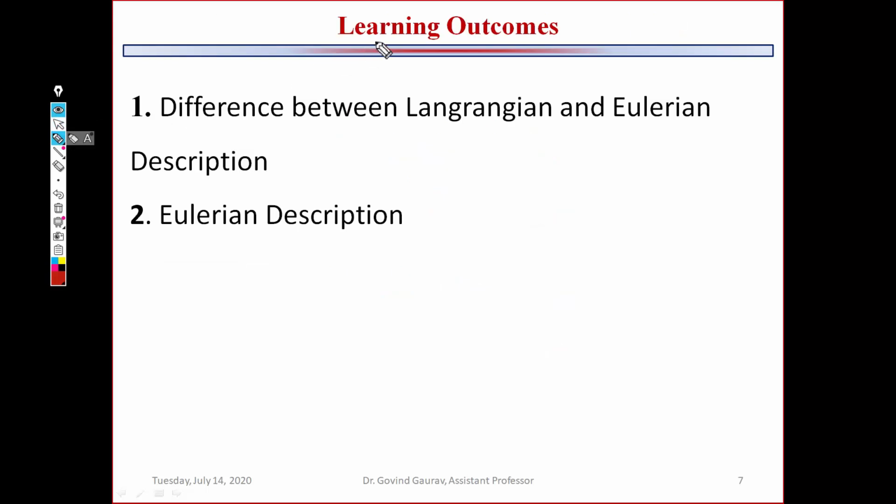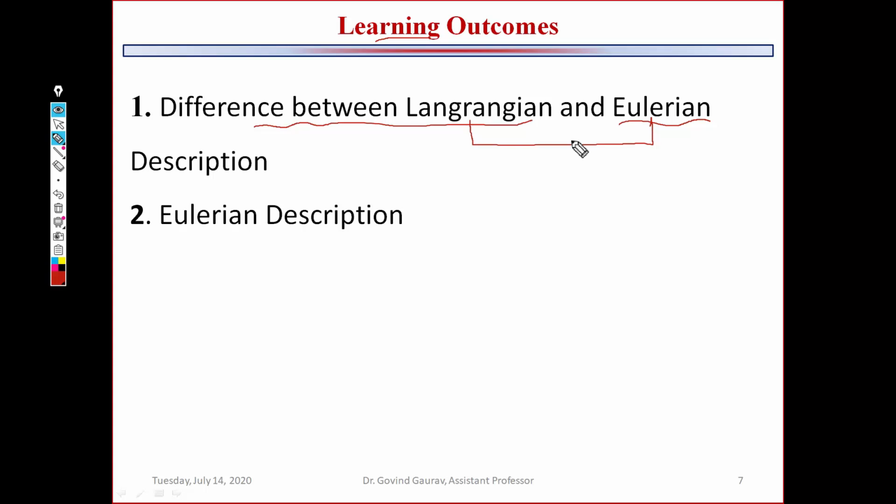So the learning outcome for this session is that we have demonstrated the difference between the Lagrangian and Eulerian descriptions, and in which context the Lagrangian description will converge to the Eulerian description. If the displacements are very small, then in those cases we do not make any difference between the original or the deformed configurations.